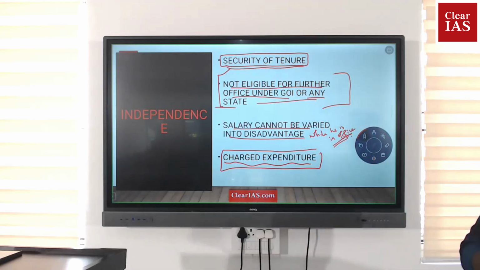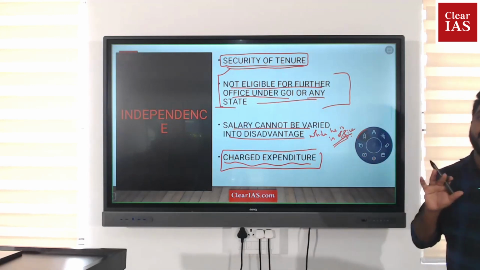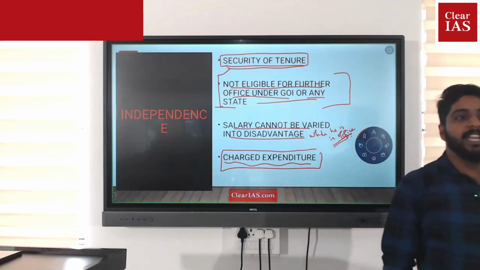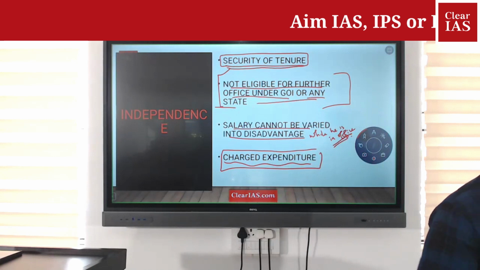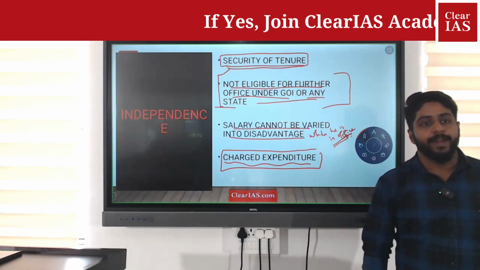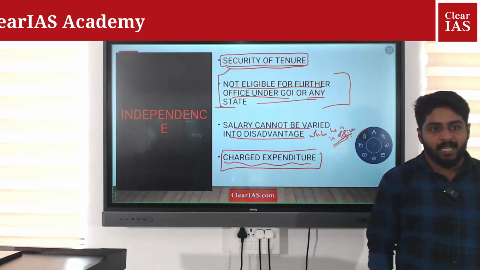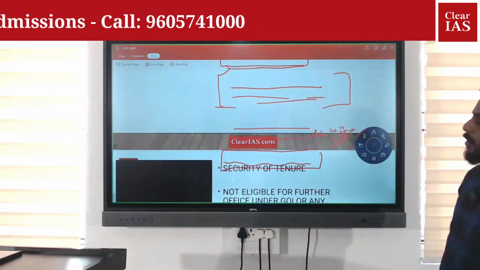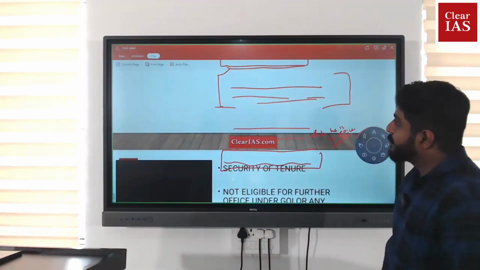Whatever the situation may be, it does not matter. The first among the few which need to be considered for the payment of salary is the CAG, that is the Comptroller and Auditor General of India. Clear? Fine? Yeah. So that's it regarding the Comptroller and Auditor General of India. Okay.